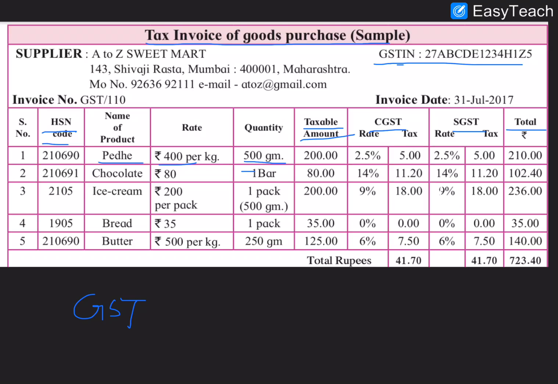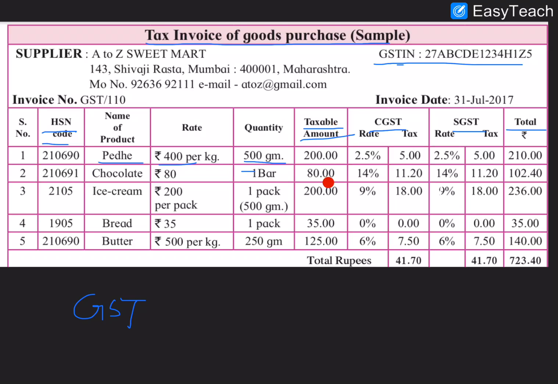You can see the same amount repeats in the CGST column and the SGST column. SGST and CGST have the same rate, percentage of tax, and amount of tax. So you can see I am taking the item chocolate.